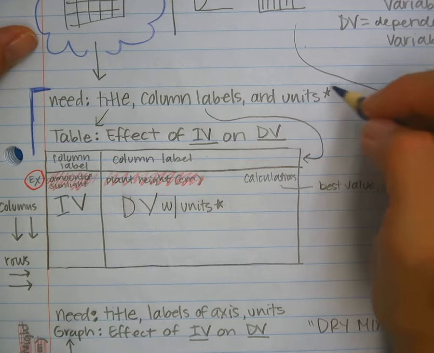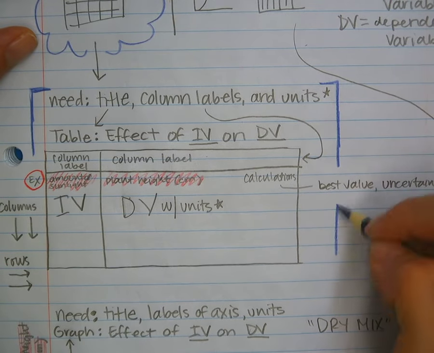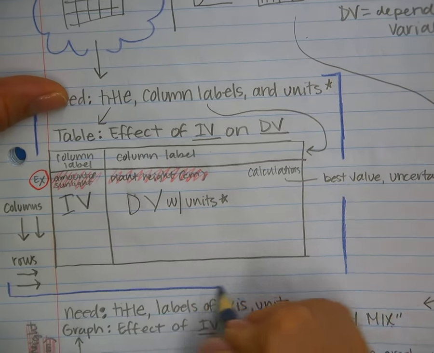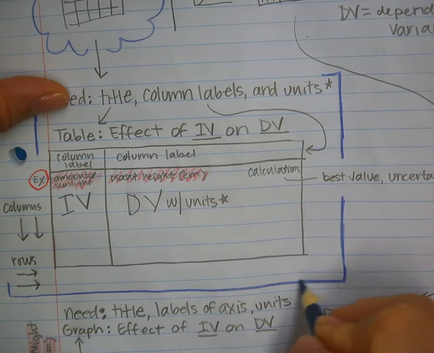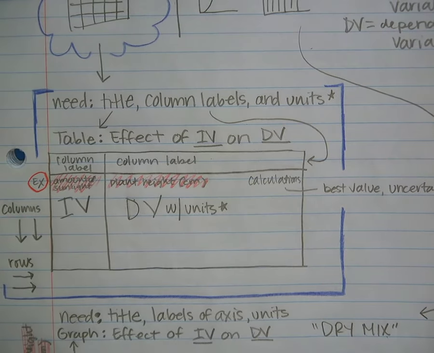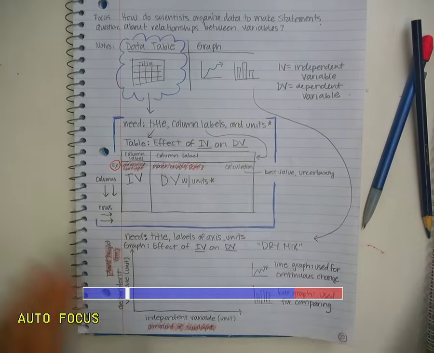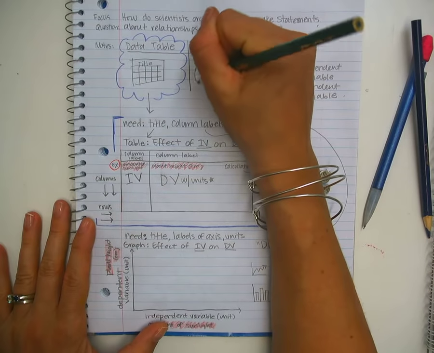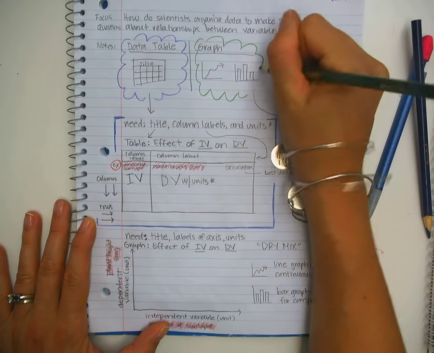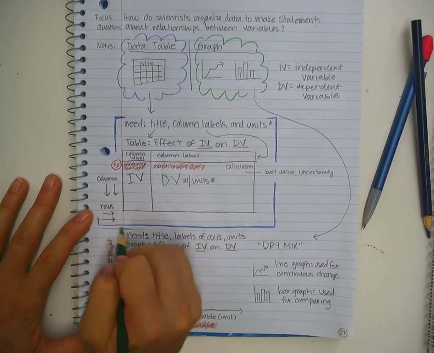Just want a way to kind of differentiate what I wrote here about data tables from what I wrote about graphs. So I'll zoom out so you can see what I'm doing. So my graphs are going to be here. And then my graph information is down here at the bottom.